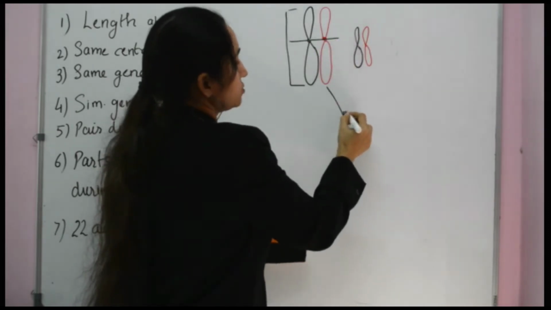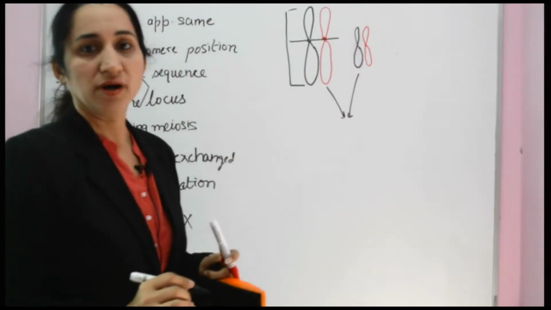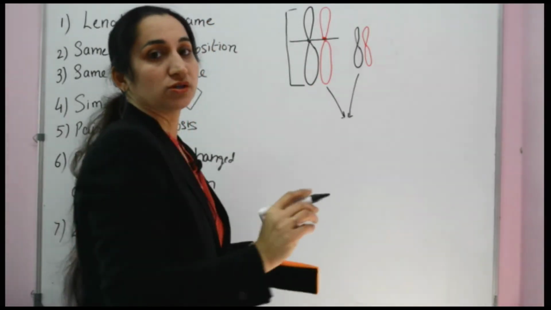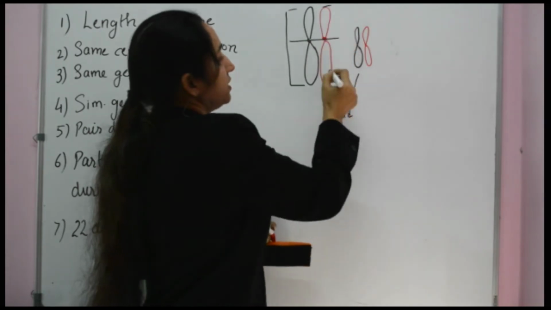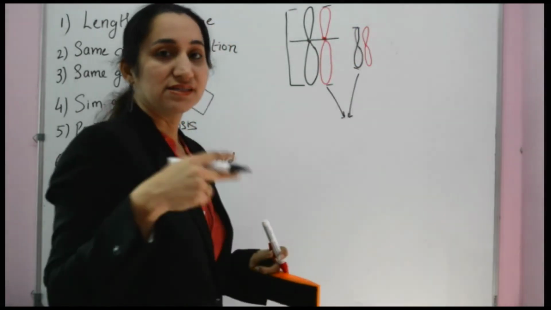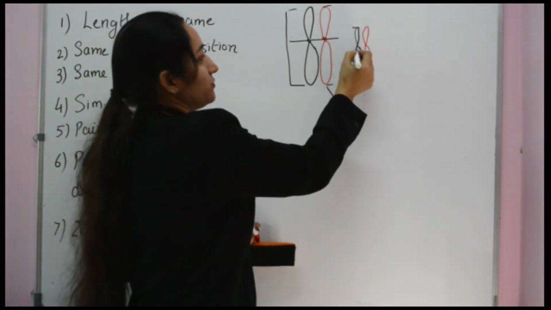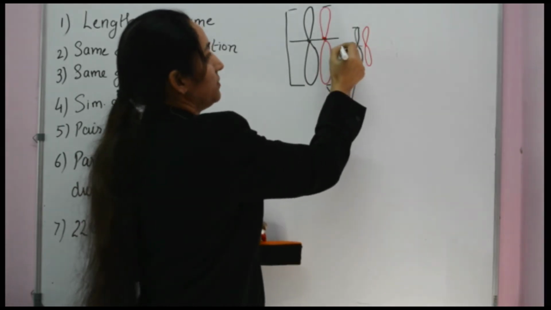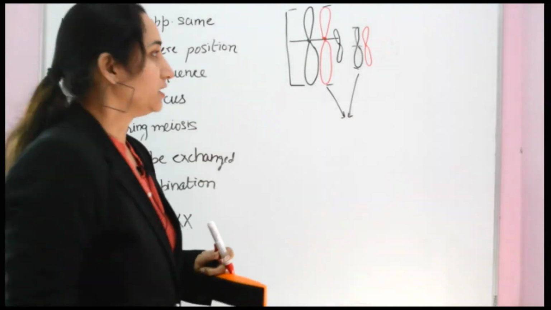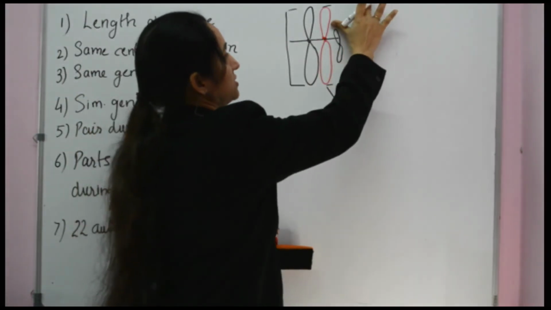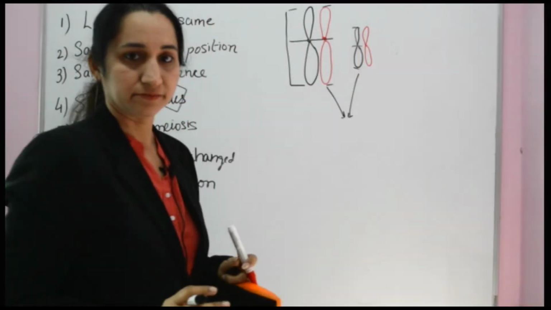If we try to form a pair of these two, these would be non-homologous chromosomes, because first of all the length is different and secondly the position of the centromere is also different. How can they make a pair? If they are going to make a pair, then we can say this is a non-homologous pair.